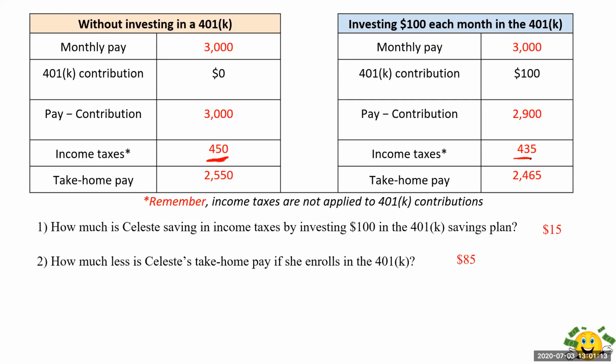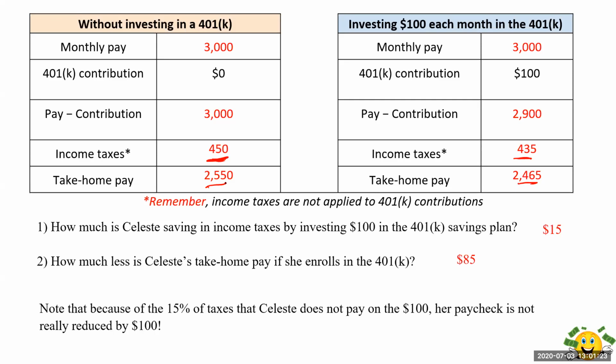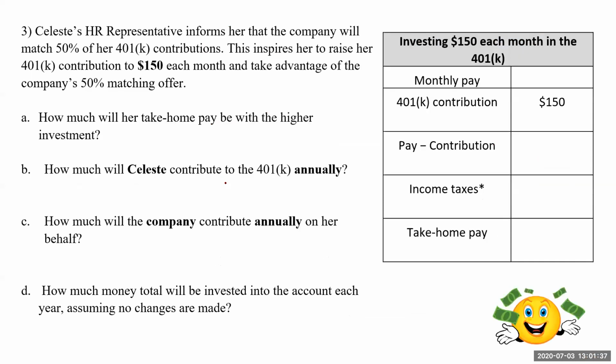So here we are looking at this versus that. Is that okay? And that is how much less. Okay, nice. Now note something. Note that because of the 15% of taxes that Celeste does not pay on the $100, her paycheck is not really reduced by 100. Do you see that? Nice. All right.